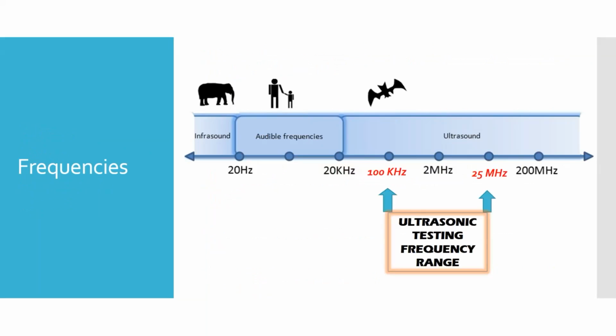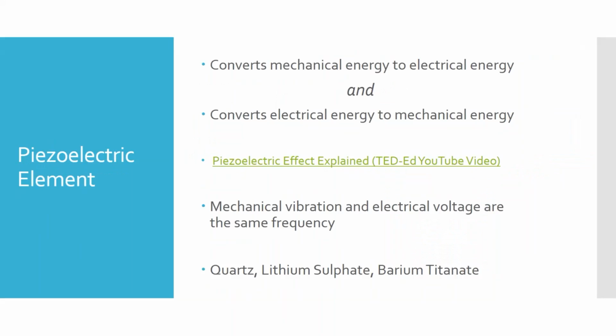So again, quick reminder, the frequency range we're going to be using is 100 kilohertz, 100,000 hertz, to 25 megahertz. And we've done these. So, piezoelectric element, converting mechanical to electrical and electrical to mechanical. I basically did the TED video there, but if you want a little more explanation, you've got that.